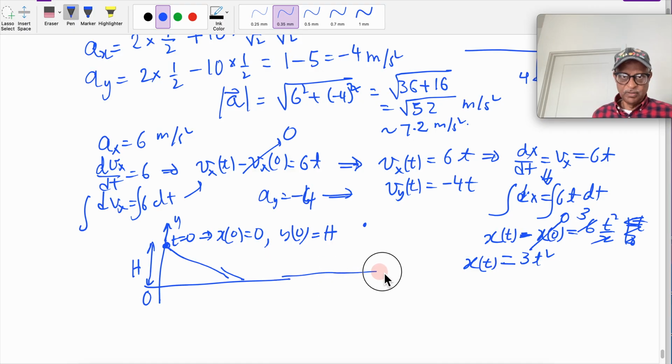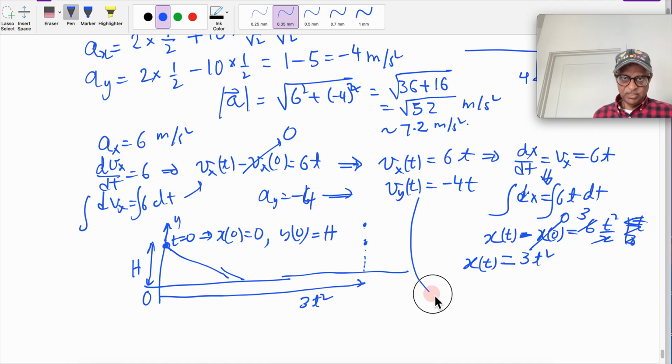where will be from here, this will be 3t square, and from here you should be able to show the y of t is equal to h minus 2t square.